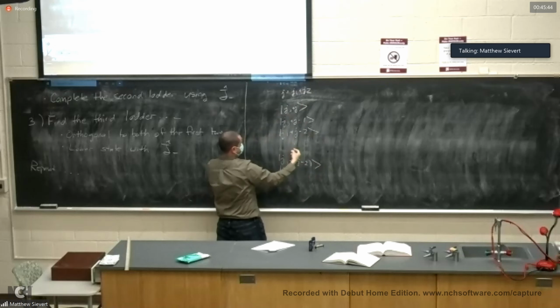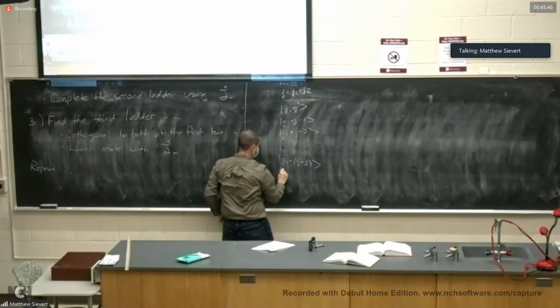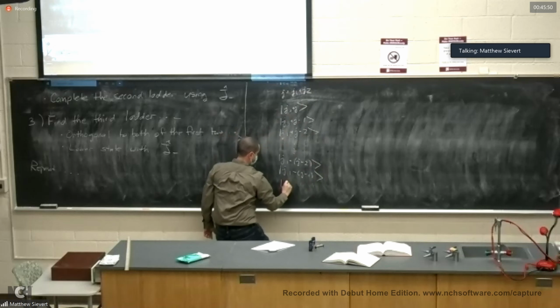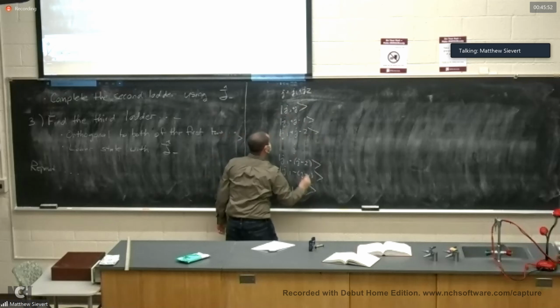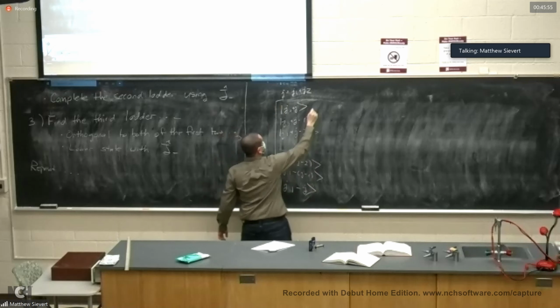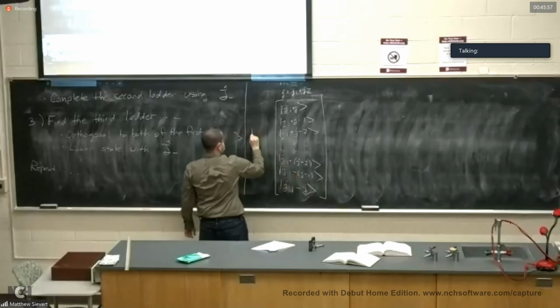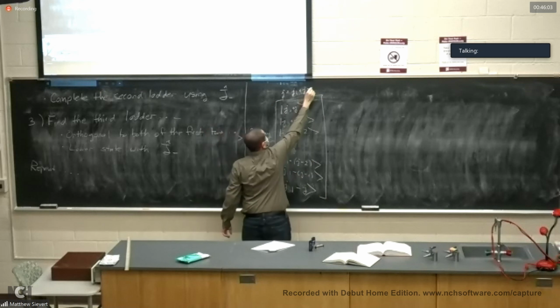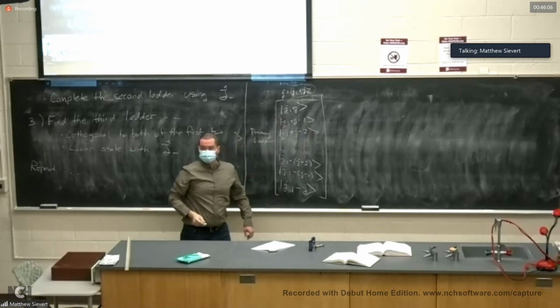The ladder is symmetric, so it goes down to negative J minus 2, negative J minus 1, and terminates at negative J. So this is my primary ladder. This is my maximum combination of J's.